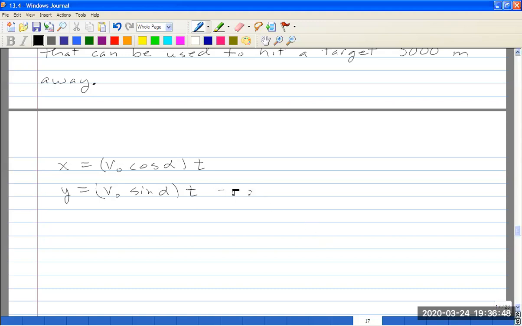Okay, let's see if I can get control back. Minus 1/2 gt squared.